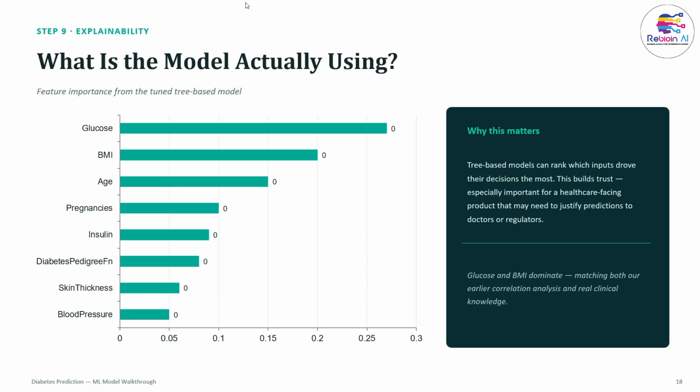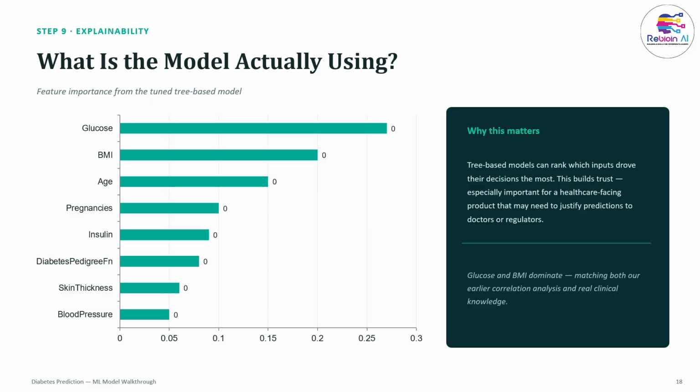now beyond just making predictions, tree-based models like ours can also tell us which features they leaned on the most. This builds trust, which matters a lot for a healthcare-facing product that might need to justify its predictions to doctors or even regulators down the line.